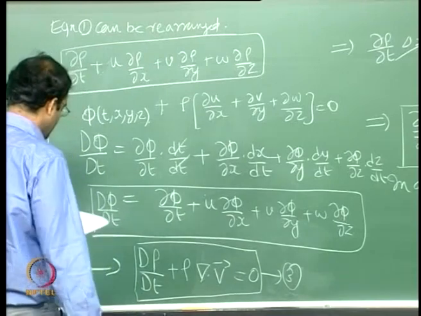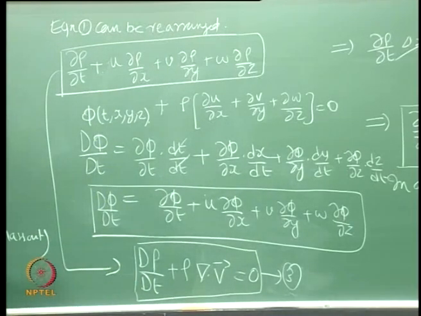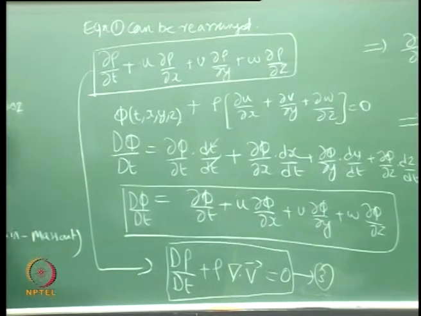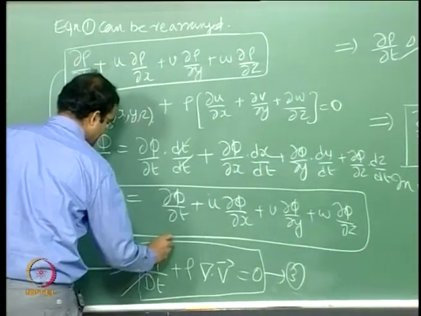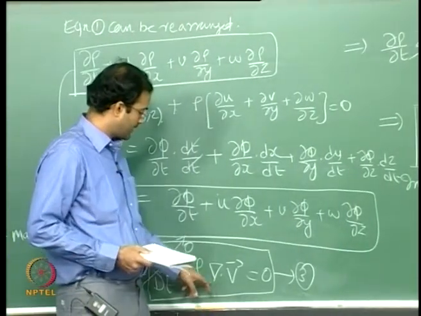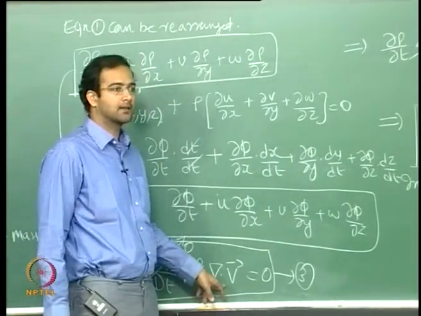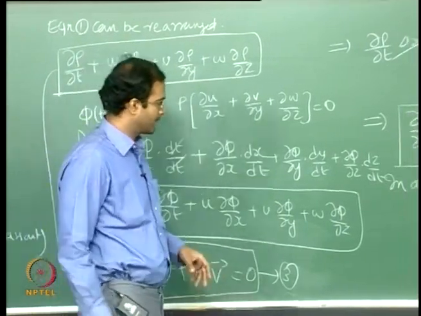Now for steady flows, if you are looking at flows where you do not look at the change in any property like velocity or the density and so on, you can neglect the change with respect to time, and therefore for steady flows you are left with the expression that the divergence of velocity is 0, or the velocity is divergence free.